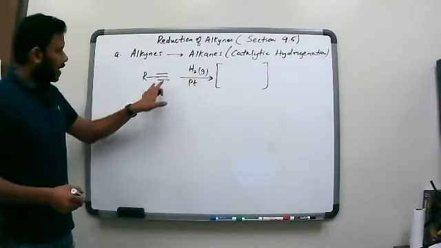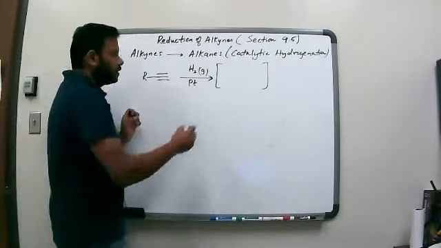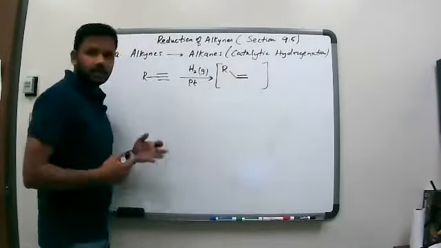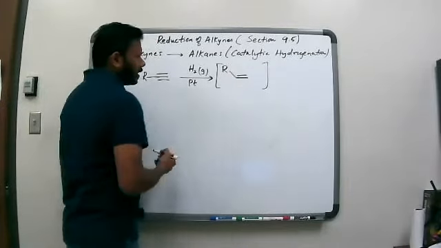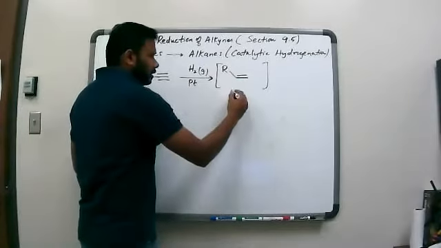So what happens here is when you do this reaction, hydrogen is going to add to the alkyne. And when it adds to the alkyne, this is again a cis addition. So we should get an alkene where the hydrogens have added. And what we get is an alkene product here.